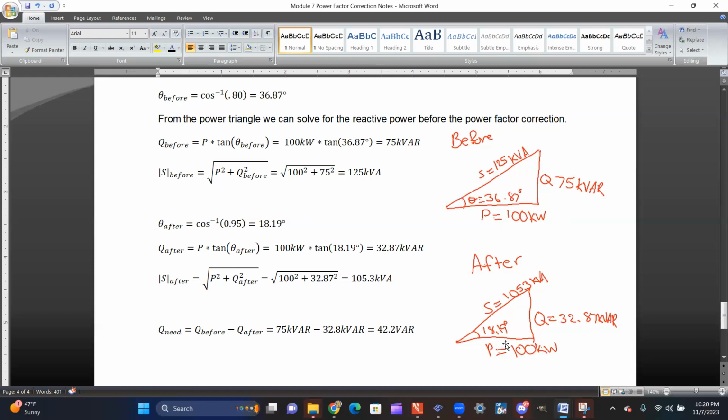You find that difference, and that's how much reactive power the capacitor needs to supply to the system in order to compensate the inductive load and increase the power factor to 0.95 lagging.